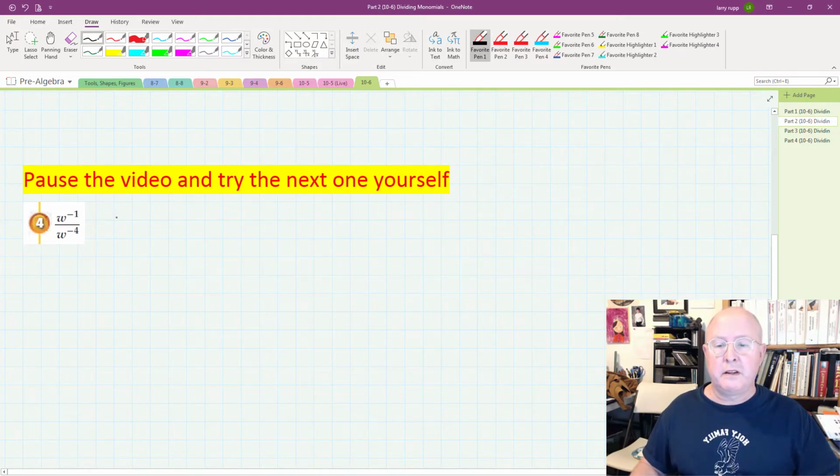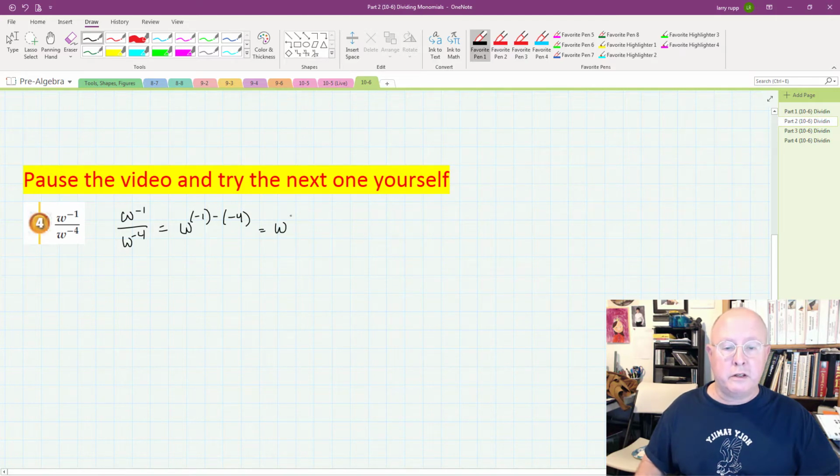Right. So here we have w to the negative 1 power over w to the negative 4. Okay? Using our quotient of powers rule, it's the same thing. Even though there's negative signs here, nothing has changed. It's the top, negative 1, minus the bottom, negative 4. Alright, well that looks fairly ugly.